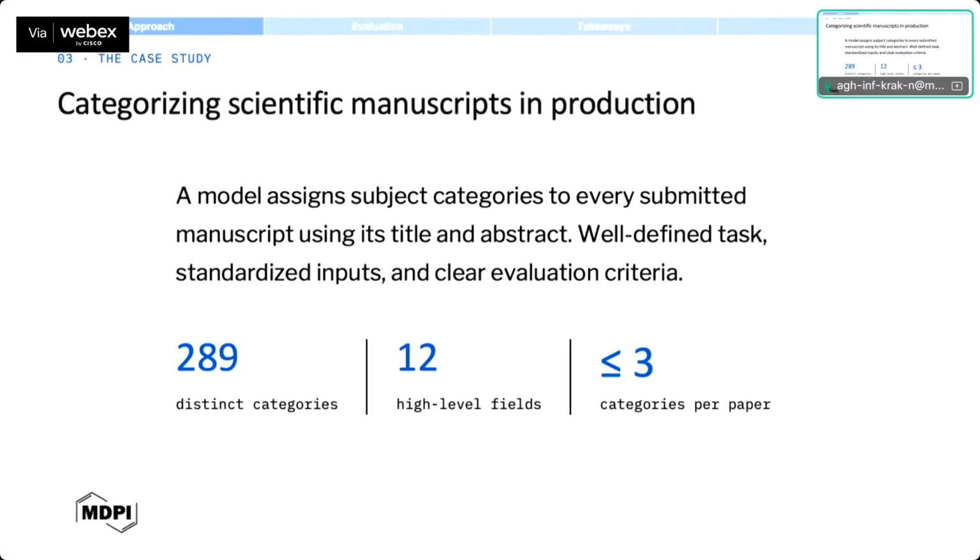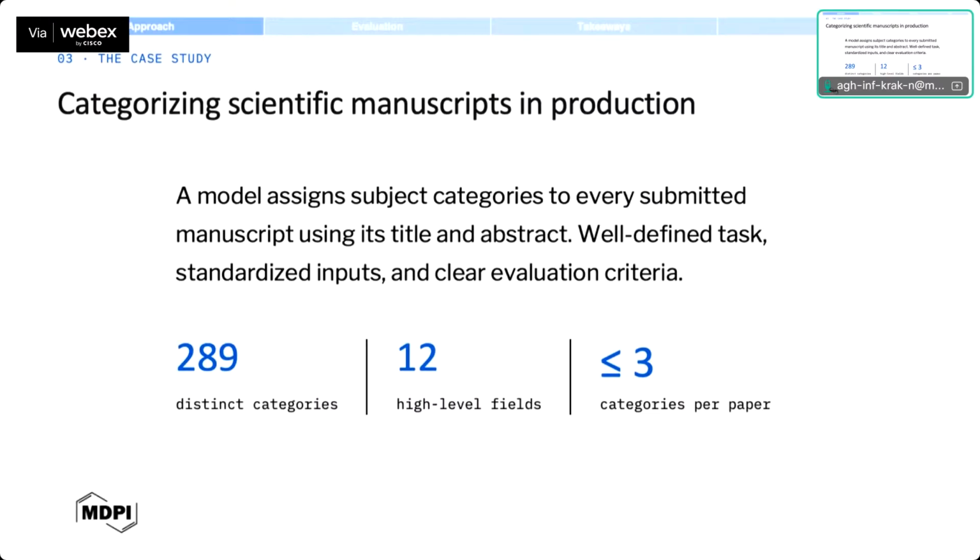One big disclaimer about why we are restricted to title and abstract is that these BERT models only allow an input of up to 512 tokens, which is roughly 400 to 450 words. That's pretty much the size of a title and abstract of a manuscript.